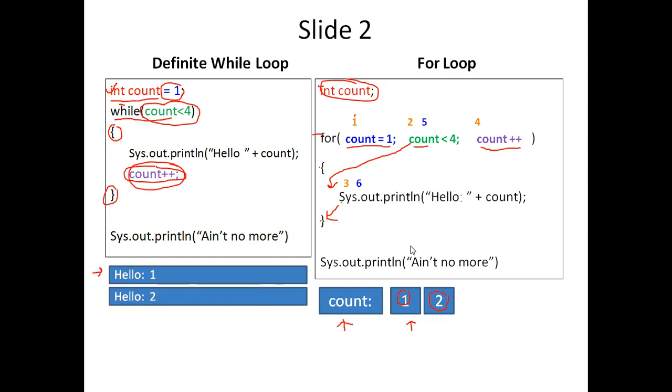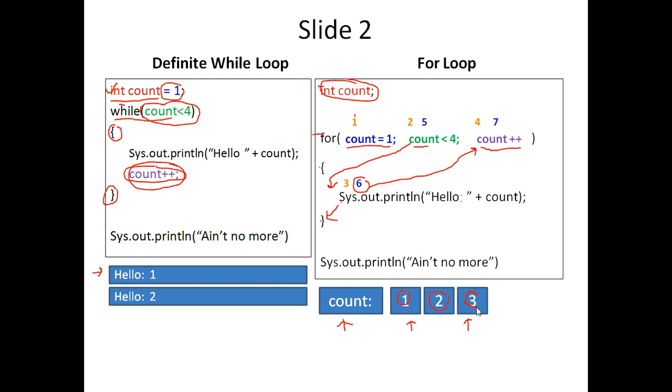And so there we go. So now here we are right here at 6. The next thing it's going to do, it's going to go back up to here, and it's going to increase the count variable. So it's going to become 3.